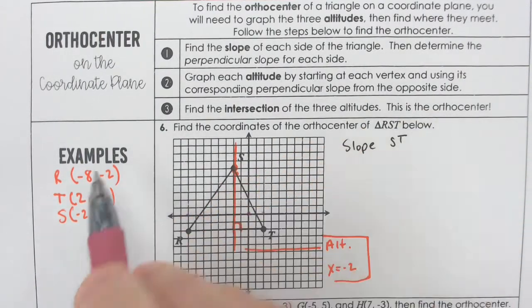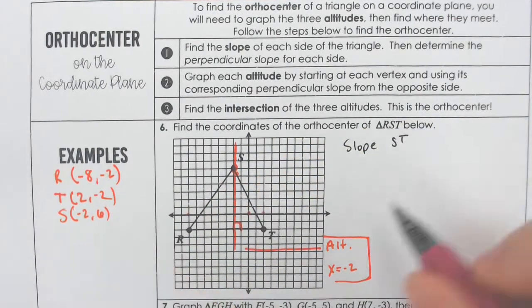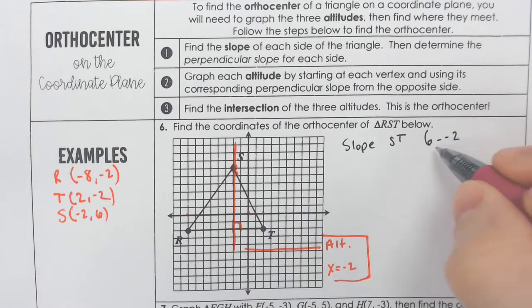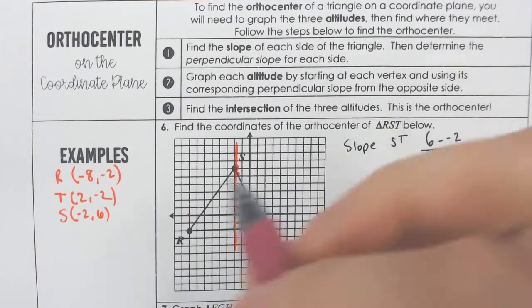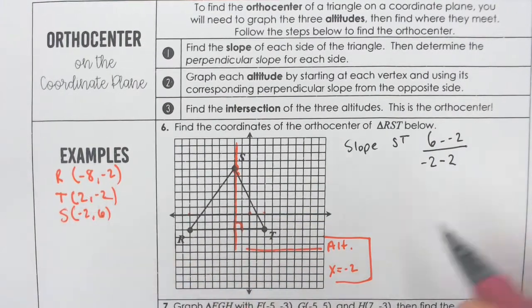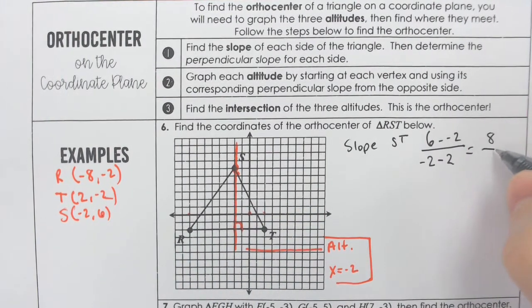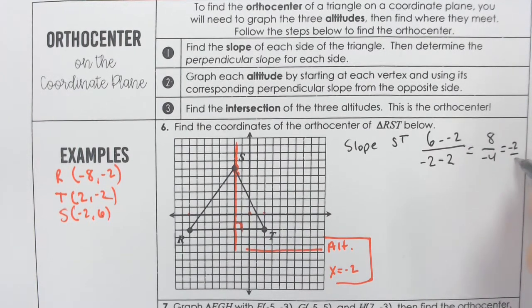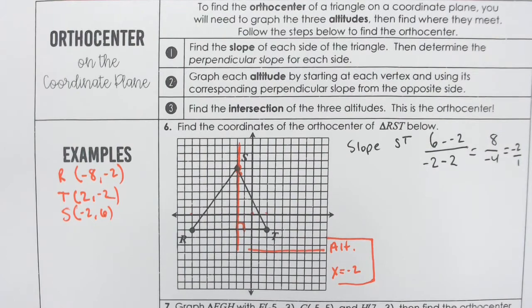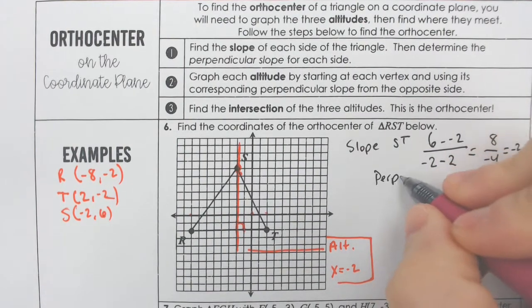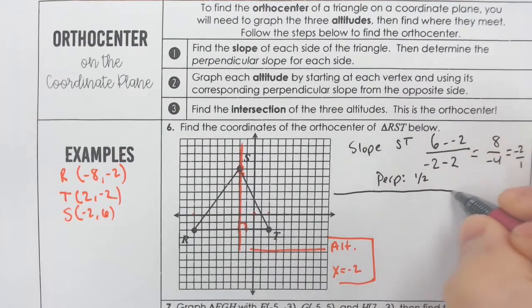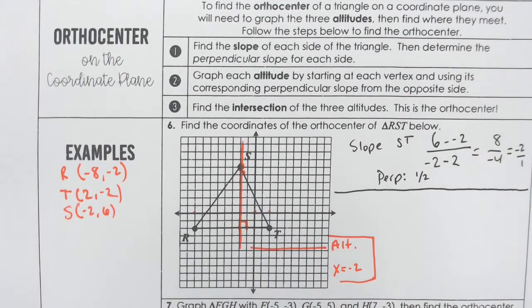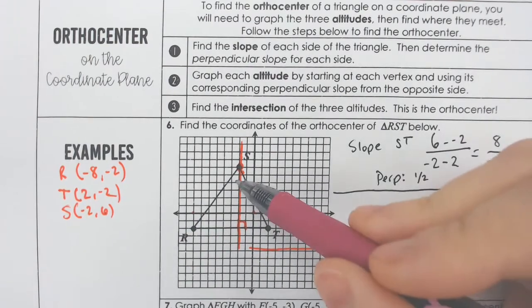So I'm going to use my slope formula with ST. Y2 minus Y1 would be 6 minus -2 over -2 minus 2. 6 minus -2, -2 minus 2 gives us 8 over -4, which could simplify down to -2 over 1. Perpendicular to that would be 1 over 2. So we have the perpendicular slope of ST.